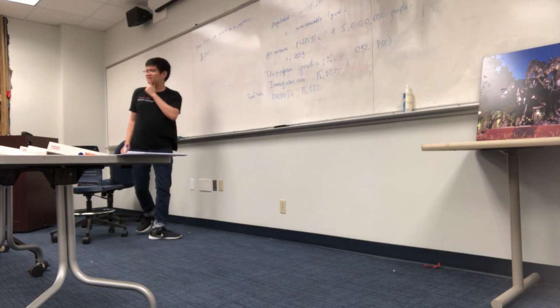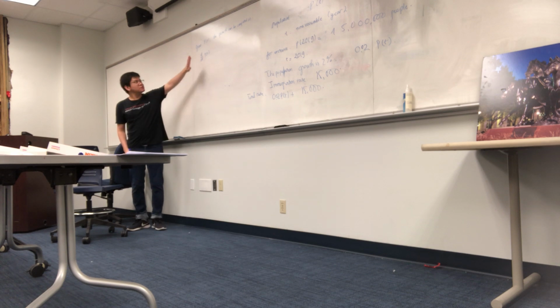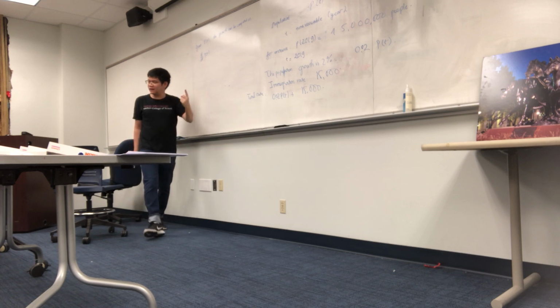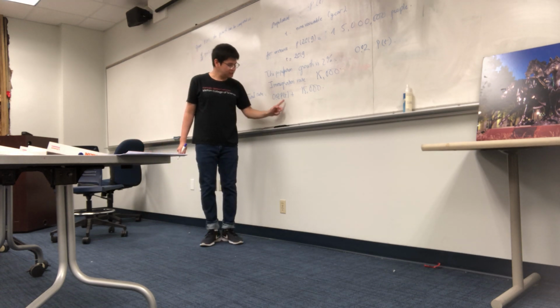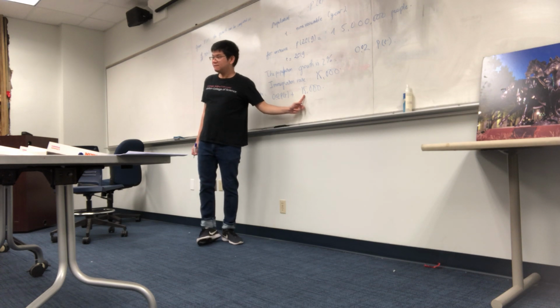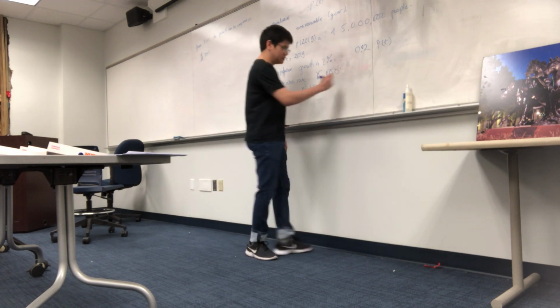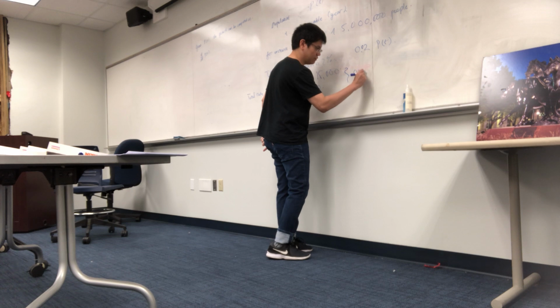So what we have now is one growth, which is the derivative in time of p(t), and the next one is 0.02 p(t) plus 15,000. This is also a growth.